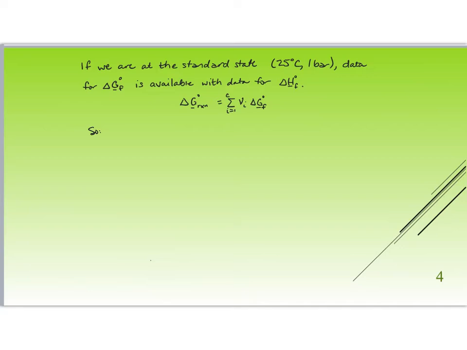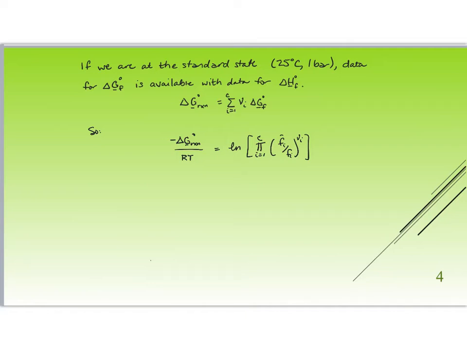So if I look at this at 25 degrees C and 1 bar, we end up with negative delta G of reaction, which I can easily get from tables of formation data, over RT is the natural log of the product of these fugacity ratios of the species within the mixture and as a pure, raised to the stoichiometric coefficient power.